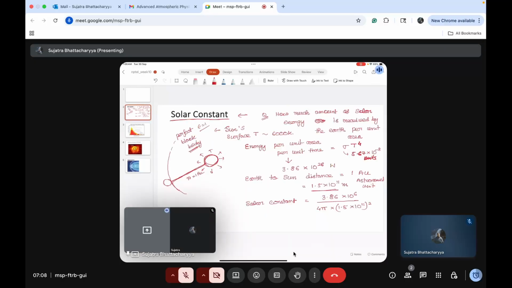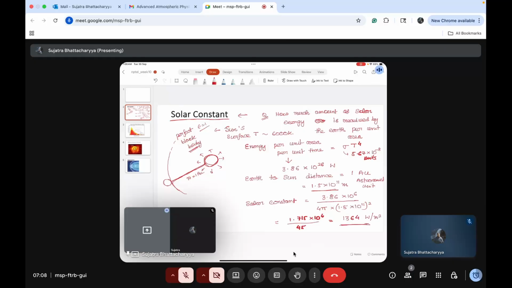If you calculate this, it comes out to be 1364 watts per meter square.